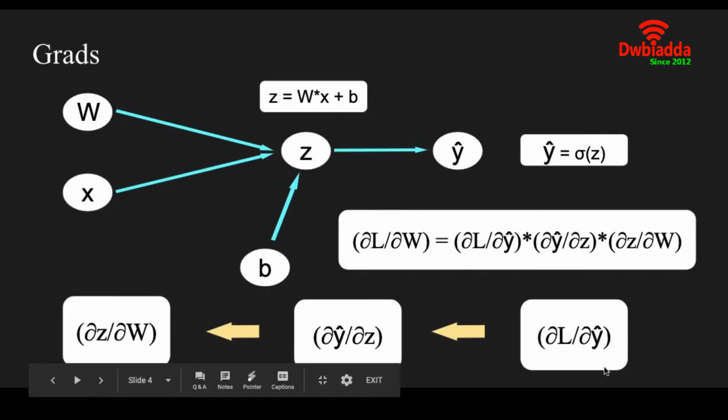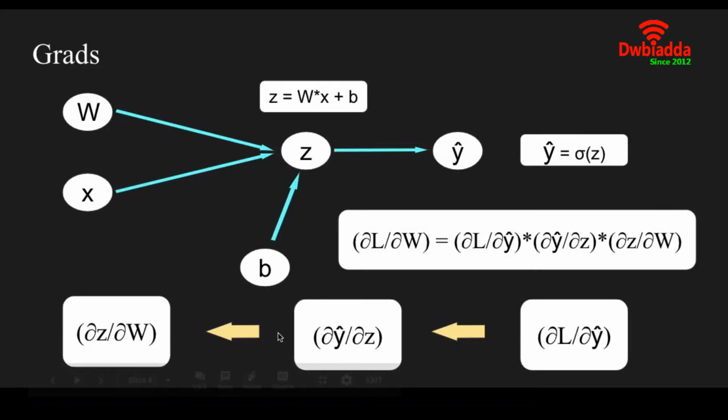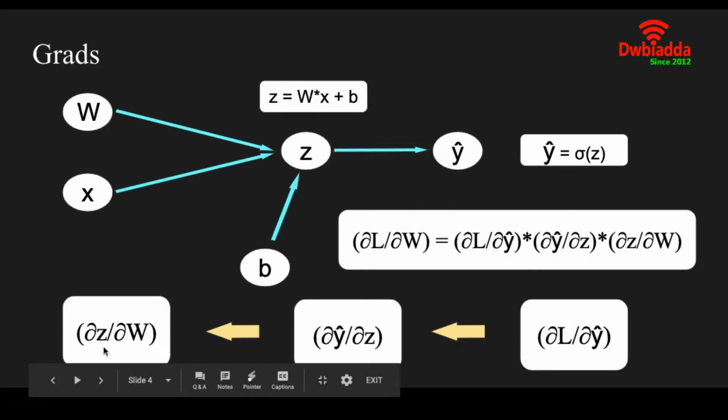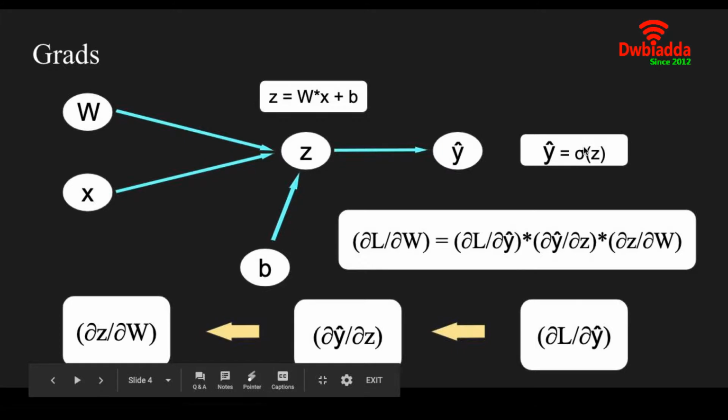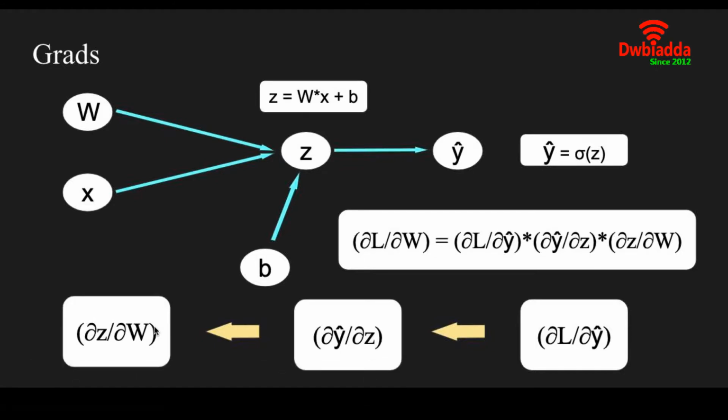First, we calculate the partial derivative of L with respect to Y hat, and then the partial derivative of Y hat with respect to Z, and then the partial derivative of Z with respect to W. But why are we exactly doing that? Actually, we need the partial derivative of loss with respect to W so that we can update it in the next stage with our learning rate.